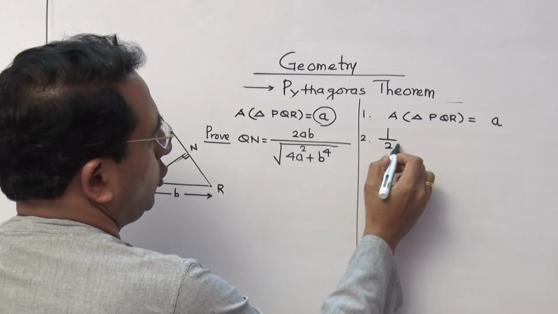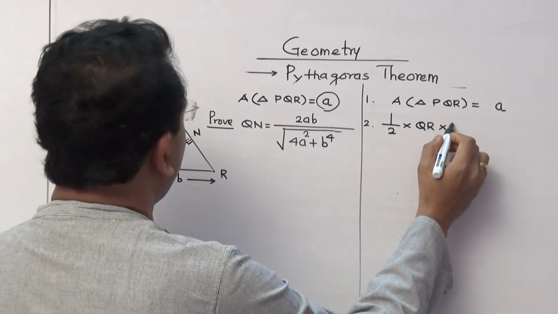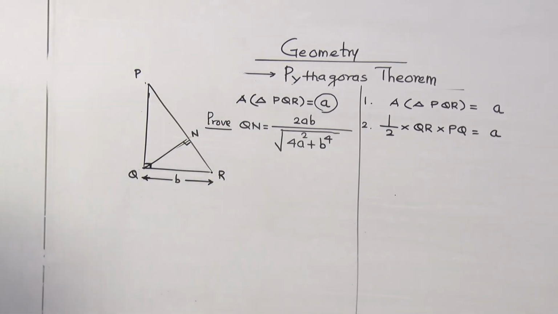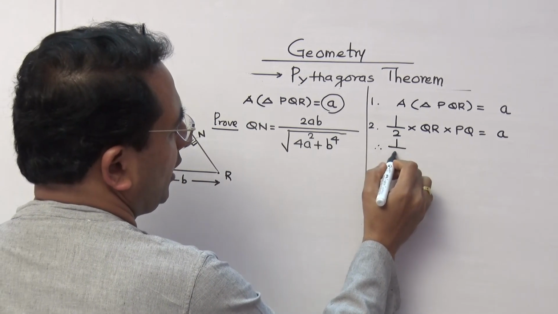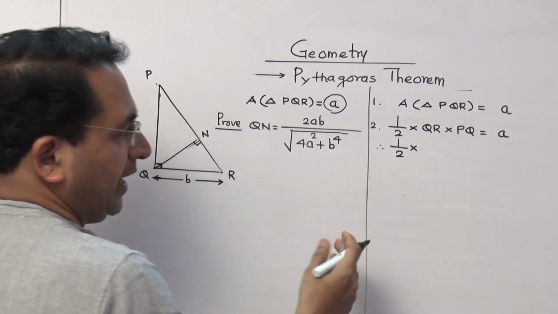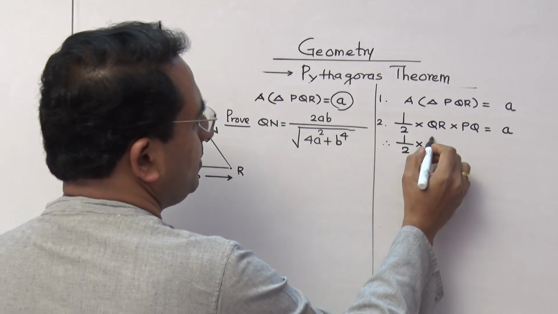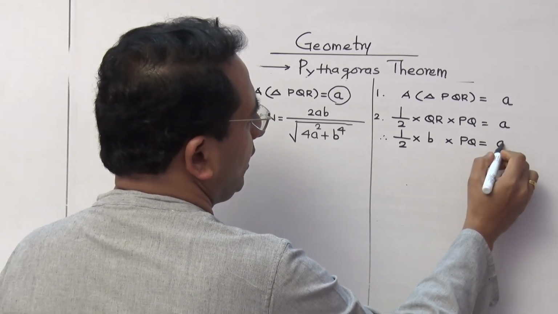It is 1 upon 2 multiplied by base multiplied by height, that is PQ, that is a. I have just written the values there: 1 upon 2 base into height. In the same statement, I should write 1 upon 2 multiplied by what you know, that QR is known to you, that is b, multiplied by PQ, that is equal to a.